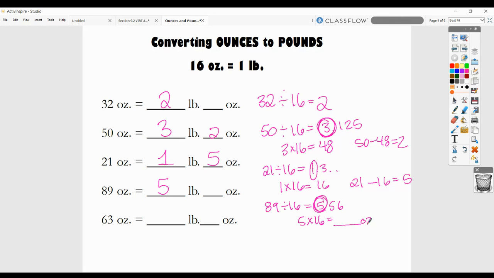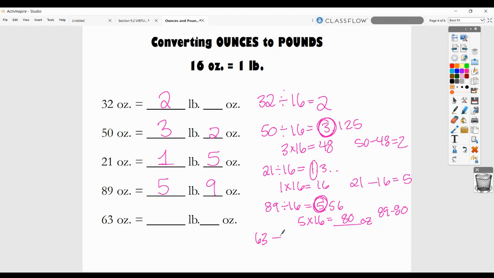That'll tell you how many ounces that is total. We need to get to 89. So when I do 5 times 16, I get 80. So how many more ounces do I need to get to 89? In other words, when you subtract, what is your extra? And it's 9.